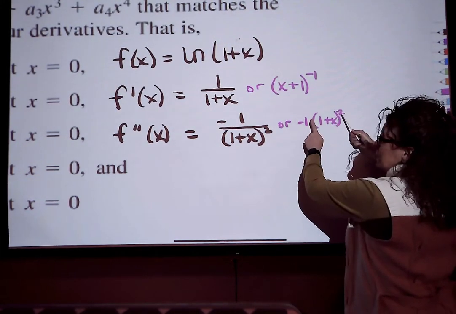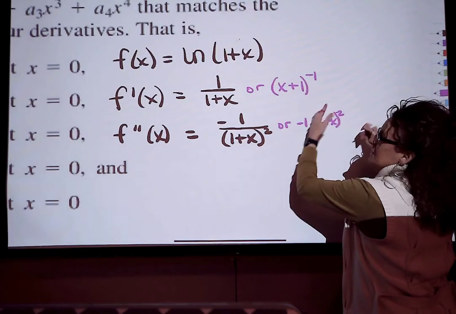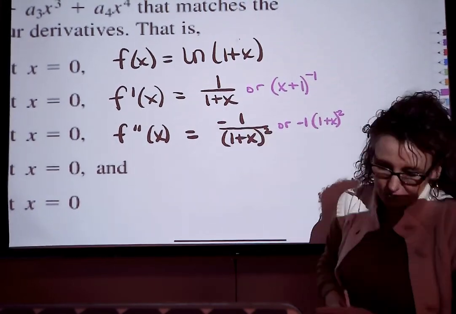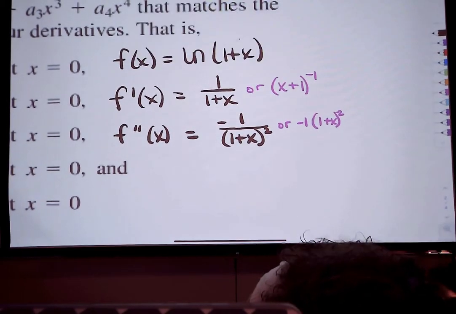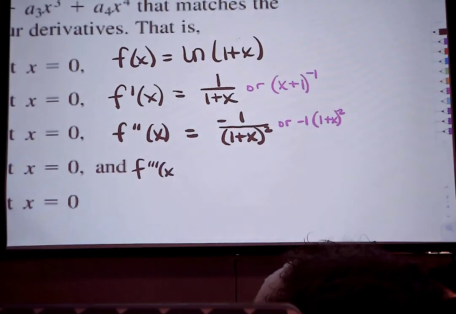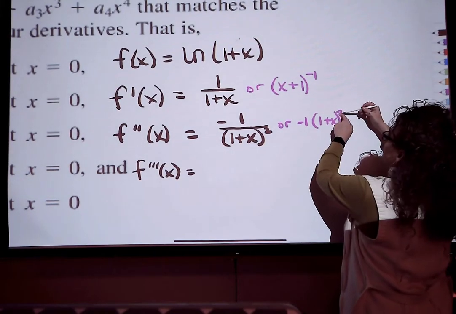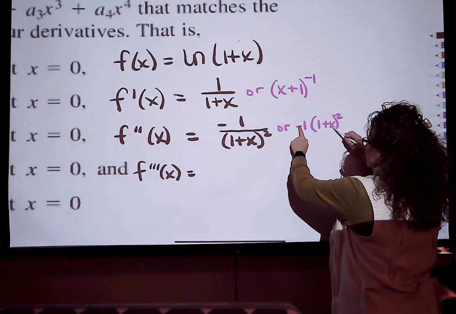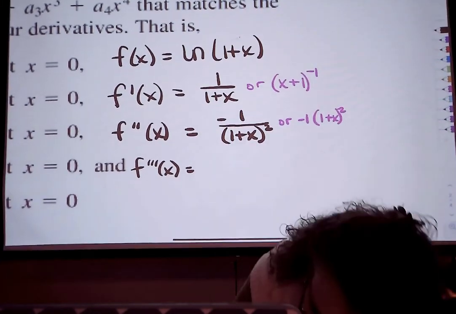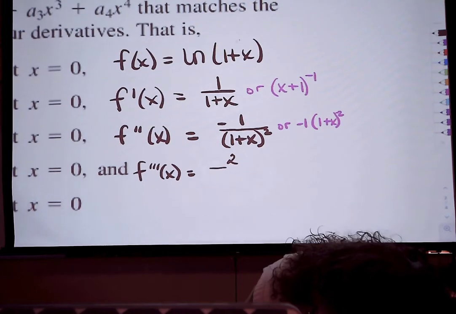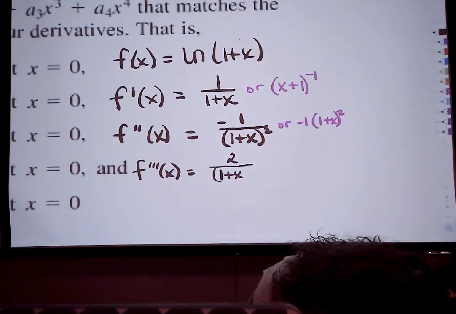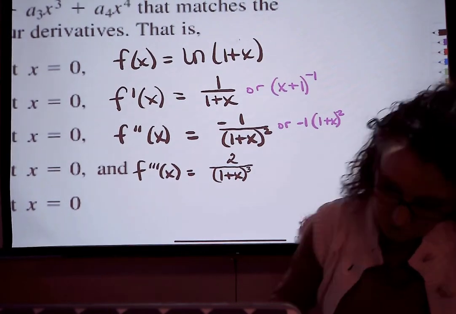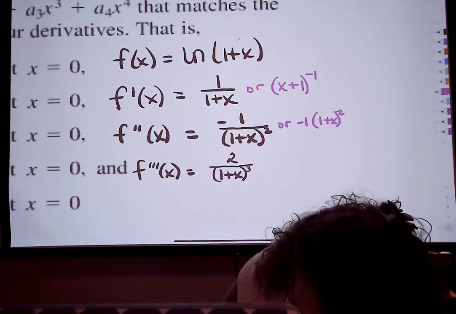So this is also what it looks like, and I write it out like this because we're getting ready to do another derivative on it. And I think doing a derivative this way is easier than this way. So third derivative, f triple prime. I'm going to power rule it. Bring the negative 2 down to the front. That becomes a positive 2. This to the negative 3. Positive 2. One more, and you go to the fourth derivative.